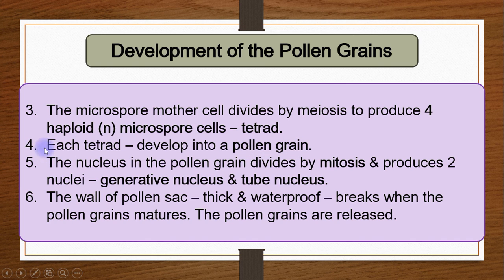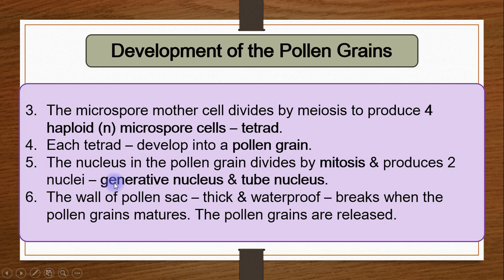Okay, what is a tetrad? Tetrad refers to the haploid microspore cells just now, that are produced by meiosis. The tetrad will develop into a pollen grain. Next, number 5, the nucleus in the pollen grain divides by mitosis and produces two nuclei, which are the generative nucleus and the tube nucleus.